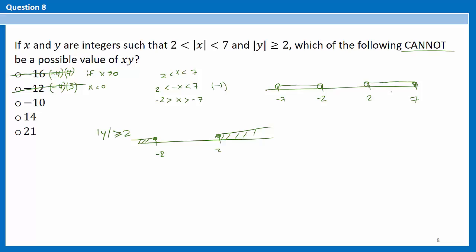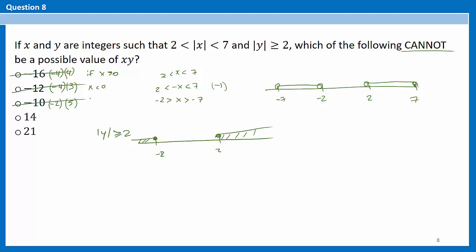The 5 I can get from x because it's between 2 and 7. And the -2 I can get from y because it can be equal to -2. Right? I cannot get the 2 from x because it's open. It cannot take 2 or -2. So it's possible. Take it out.